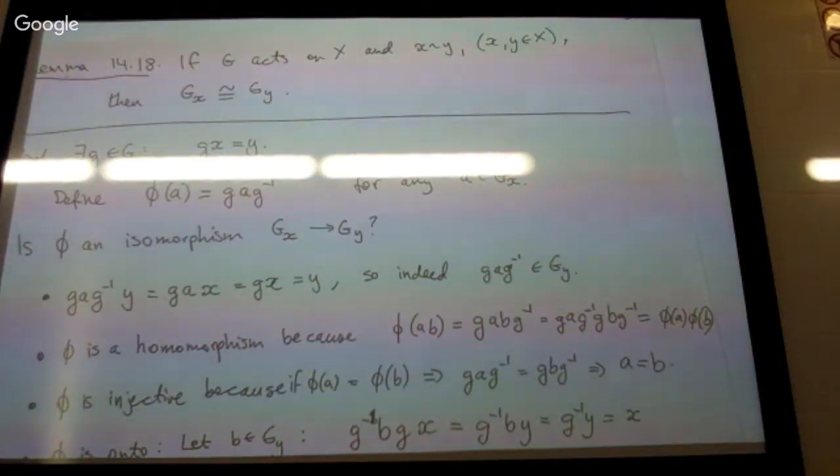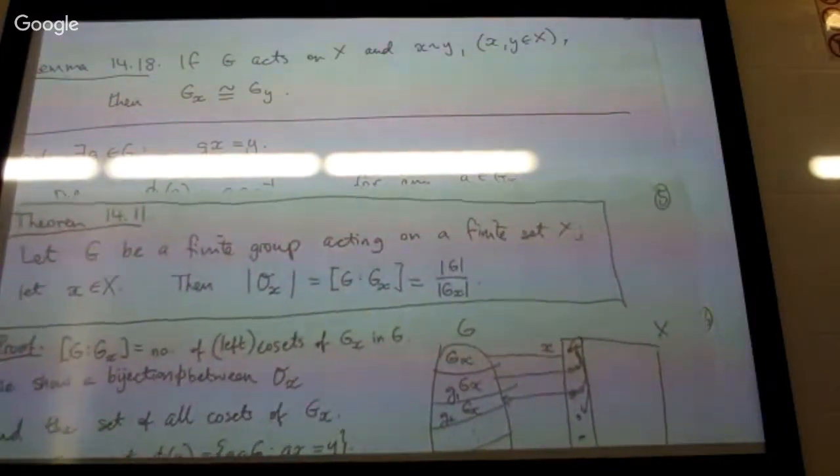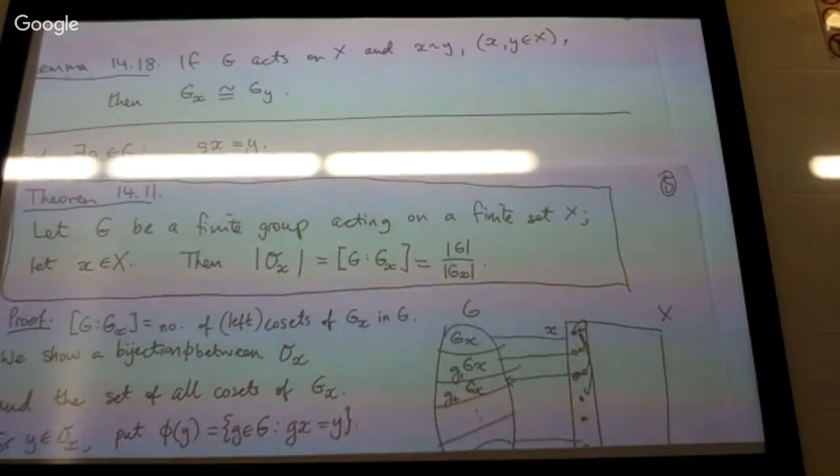Okay, and the second thing, what do we need? Theorem 14.11. I forgot the book. Oh yeah. The second thing we need is Theorem 14.11, which is that the size of an orbit is equal to the index of the stabilizer.